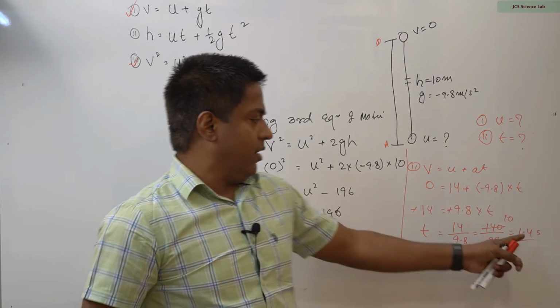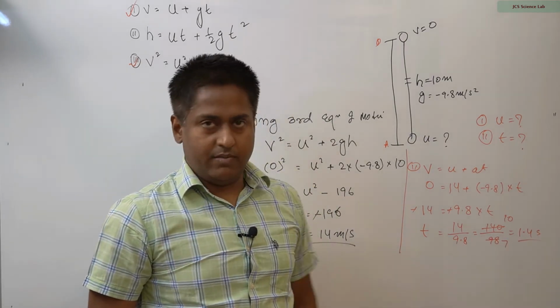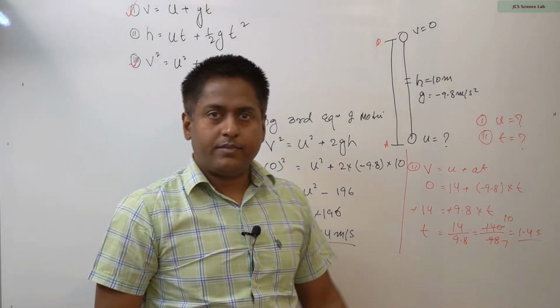You can write just 1 or 2 places of decimal; 2 places of decimal is fine. And that is the answer of this question, easy.